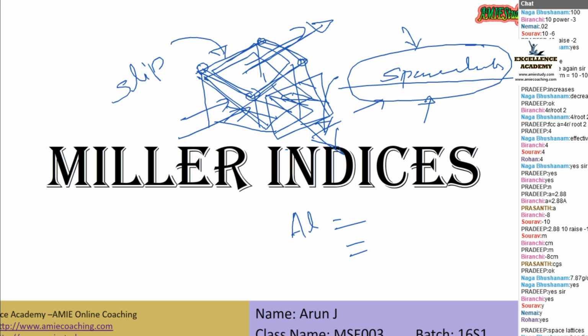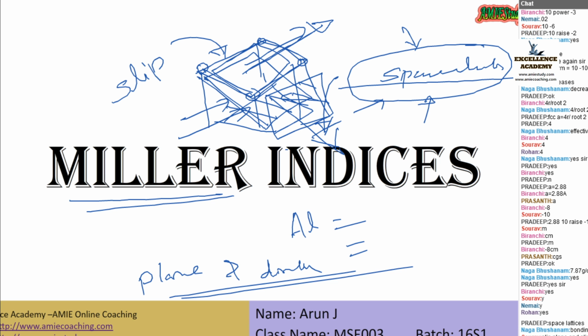Okay. So for naming this plane as well as direction, Miller put forward Miller indices for plane and direction. That is different: slip plane and slip direction. How can I name that slip plane and slip direction? With the help of Miller indices.